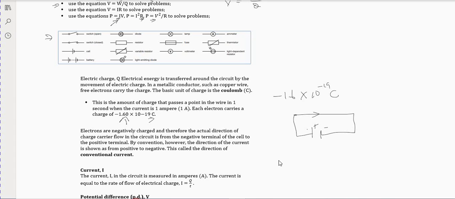So it is something that is still accepted, okay guys, but in reality, what is happening? So this is for the conventional current. That's how it flows. The reason behind this was that at the time when they were investigating electricity, they did not come up with the electrons and so forth.